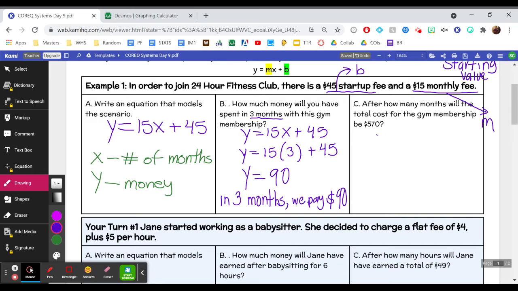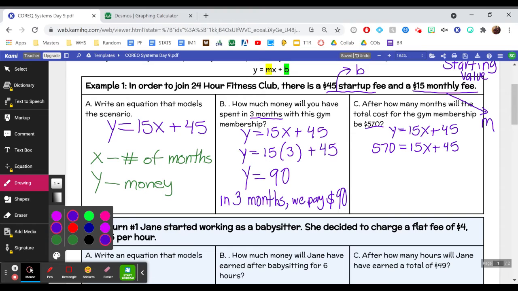Okay, so now we go to the next question, which is after how many months will the total cost for the gym membership be $570? Okay, so here we're talking about the total cost, which is y. So in my equation, y is equal to 15x plus 45. I'm going to plug in 570 for my y, and then solve for x.